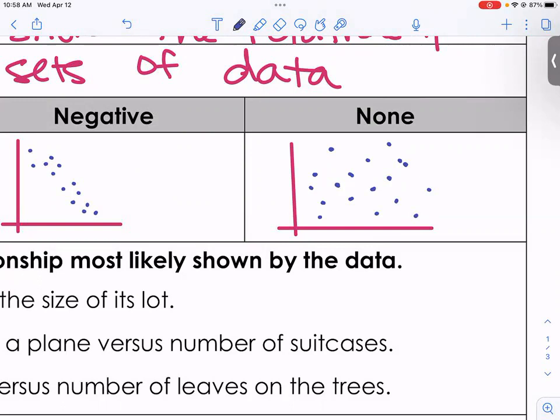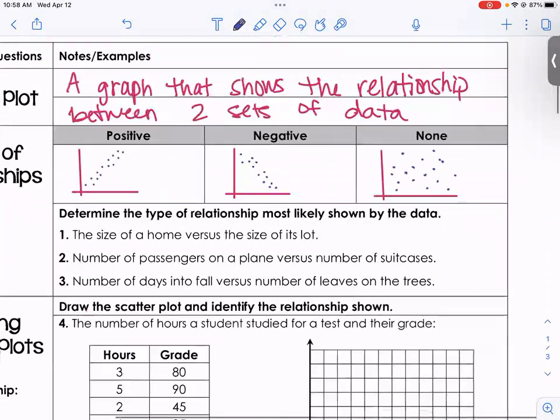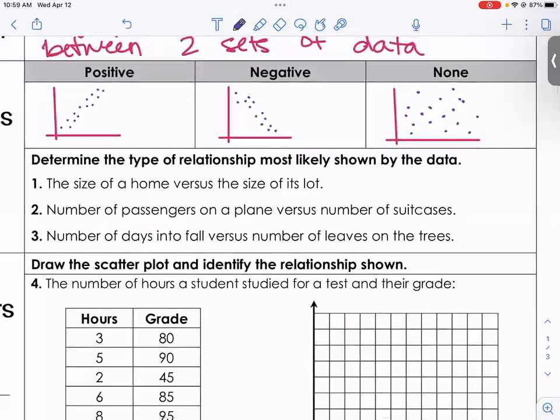Okay, so I want you to think about these three things here. The size of a house versus the size of the lot. When I say lot, like what it's on, the grass, the mud.